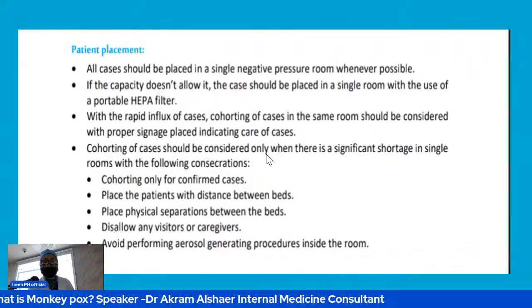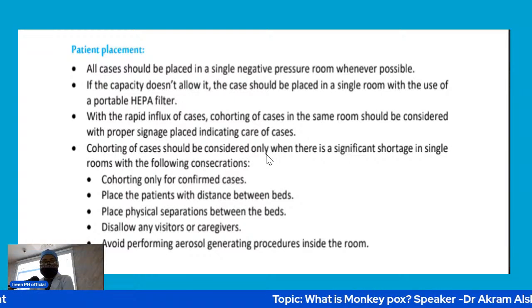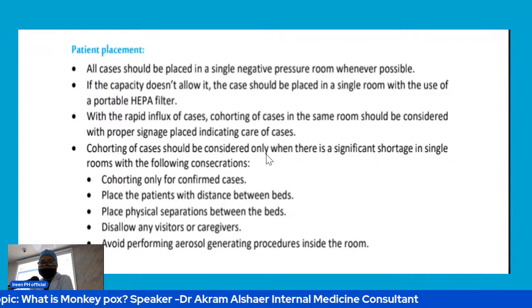Patient placement. This is important. All cases should be placed in a single negative pressure room whenever possible. If the capacity does not allow it, the case should be placed in a single room with the use of a portable HEPA filter.